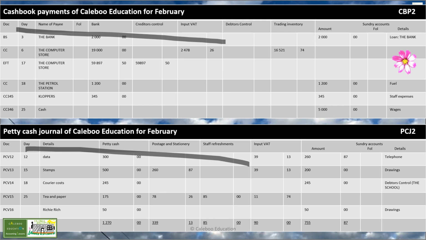Journals record transactions from source documents, and the next step is to take the information from the journals, and we say in accounting, post that information to the general ledger where all the accounts are held.